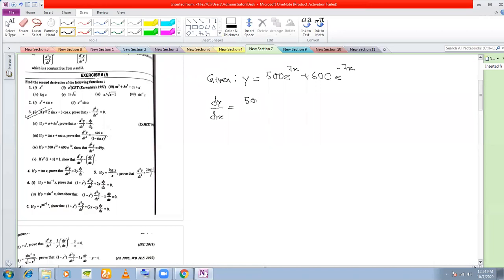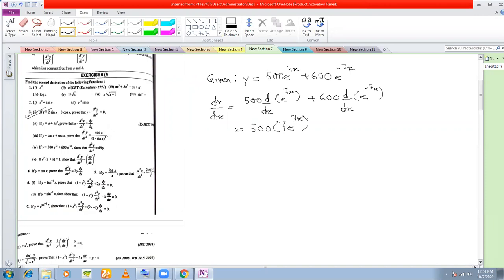you can take 500 out of the differentiation, ddx e to the power of 7x plus 600 ddx e to the power of minus 7x. Okay. So this is 500 and e to the power of 7x is 7 e to the power of 7x.